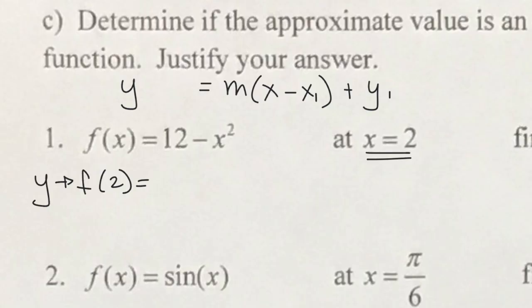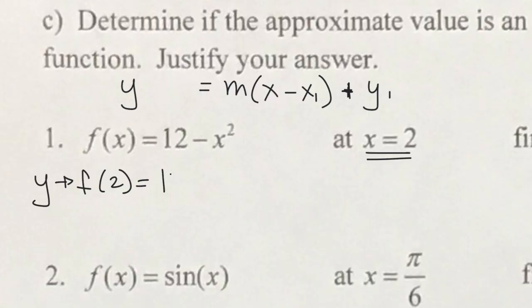Oddly enough, they didn't use point slope form directly. They had the y1 added to this side. And this was the equation that they wrote. So if you want to do that, that's fine. If you want to leave y1 over here as a minus, that's also fine.